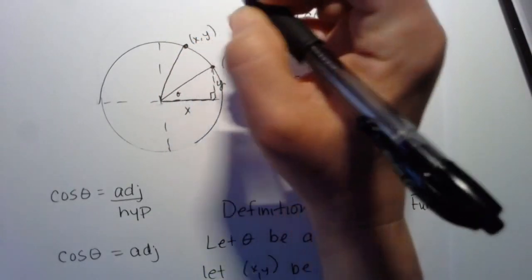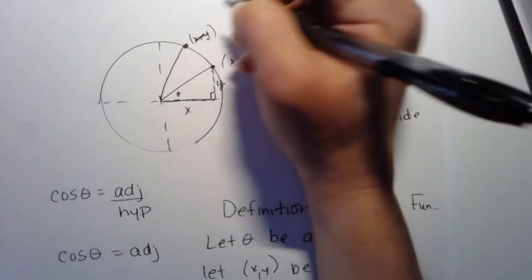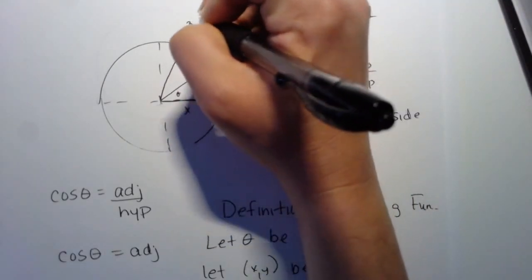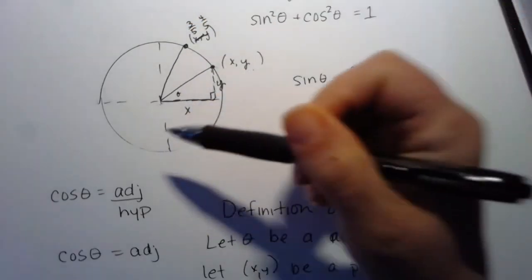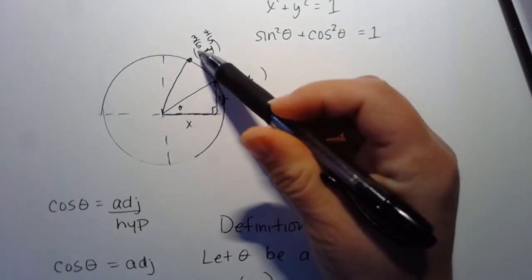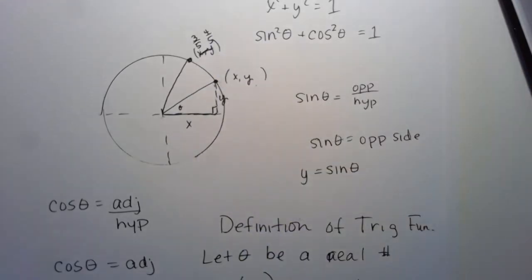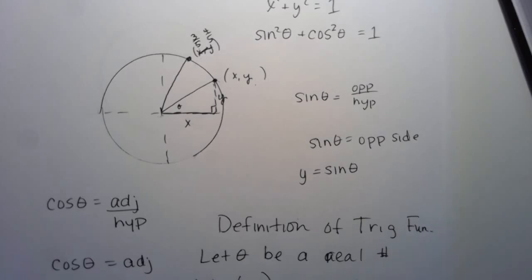Like if I knew that this was the point 3/5 and 4/5, then my cosine of theta is 3/5 and my sine of theta is 4/5. Okay?